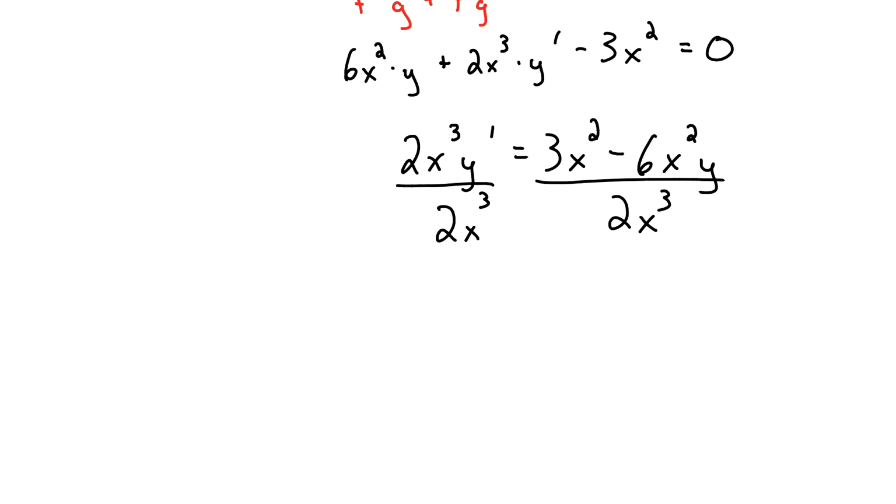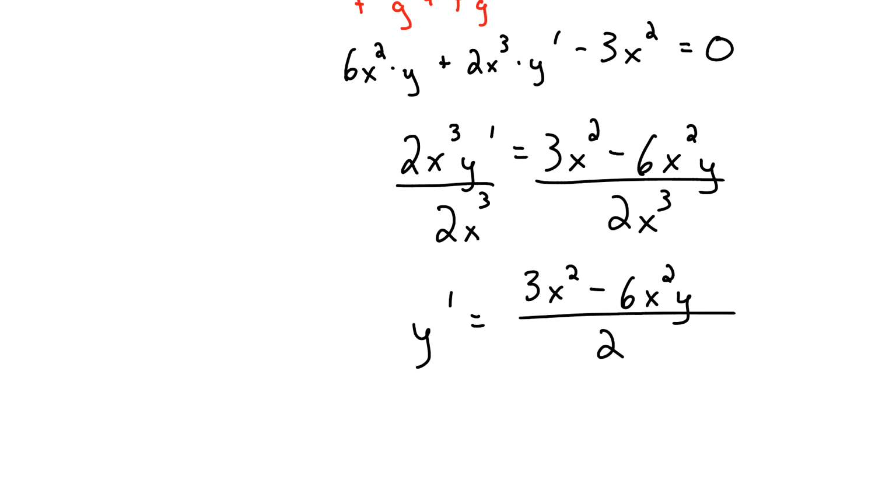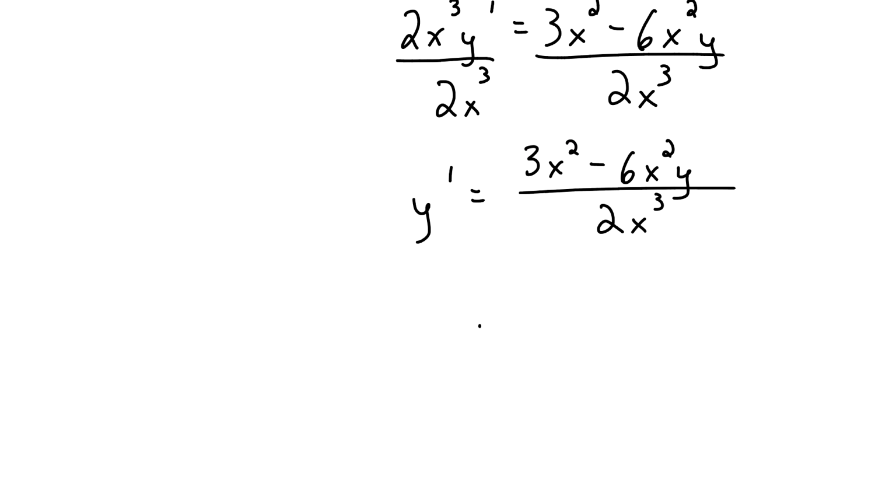So here we'll end up with y prime is equal to 3x squared minus 6x squared y divided by 2x cubed. Now in a problem like this here, I look at my numerator, and in particular, I'm seeing a power of x in every single term here. I actually can do a little bit of simplifying here. So I'm going to factor this out a little bit. In my numerator, I see a common factor of 3x squared.